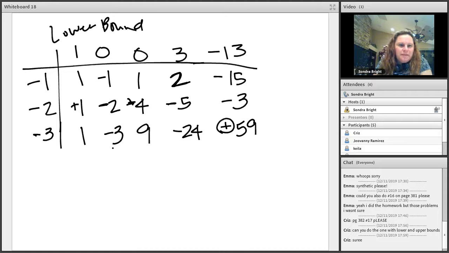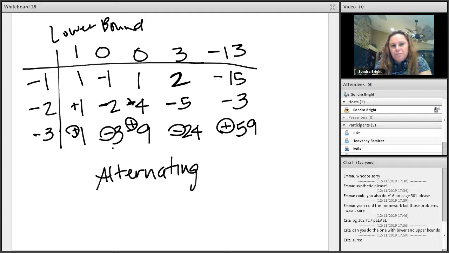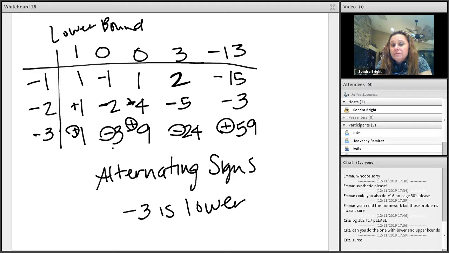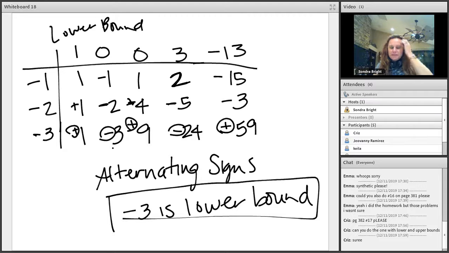I think it's positive, yeah. So we've got a positive, a negative, a positive, a negative, a positive. They're alternating in sign. And you had plugged in a negative, and so that means that negative 3 is a lower bound, and it is the greatest lower bound since it's the first negative number we plugged in that worked.